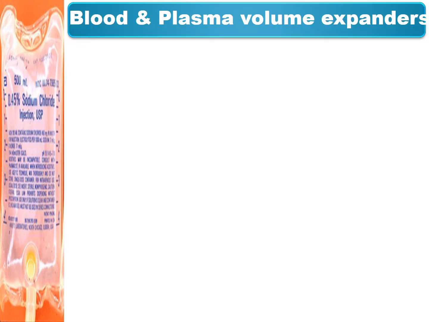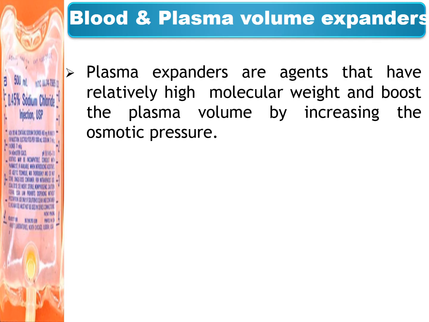So, after these basic details about the different body fluids with respect to their distribution and their electrolyte content, let us discuss the plasma volume expanders. So what are the plasma volume expanders?